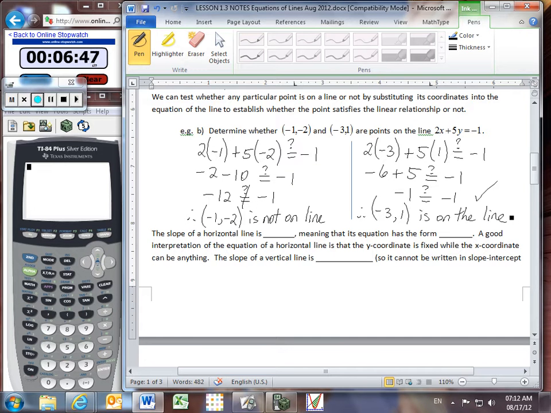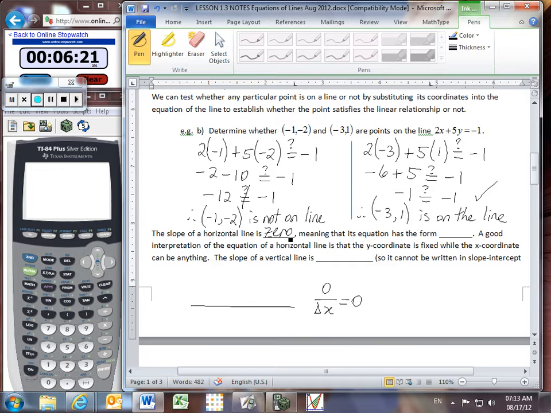The slope of a horizontal line: if it's a horizontal line, then there is no rise at all. Imagine a horizontal line. There's no rise. So the amount of rise is 0 over whatever the run is. It can be any change in x, but that's going to give you a slope of 0.